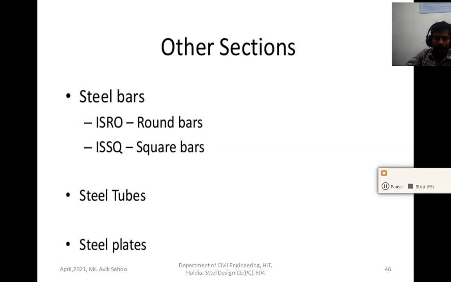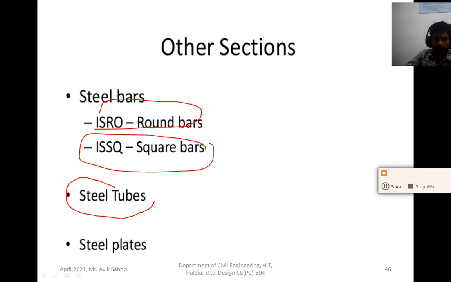Other sections are the steel bars; round bars sometimes used, sometimes square bars, steel tubes and steel plates are used. Generally in your syllabus we are using the angle section, channel section, I sections, and plate.